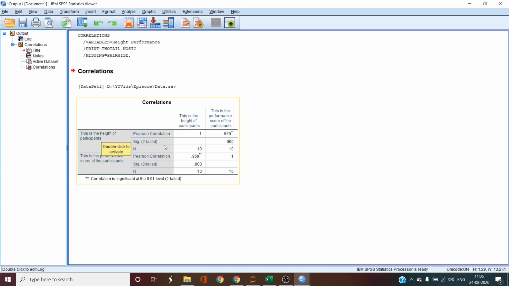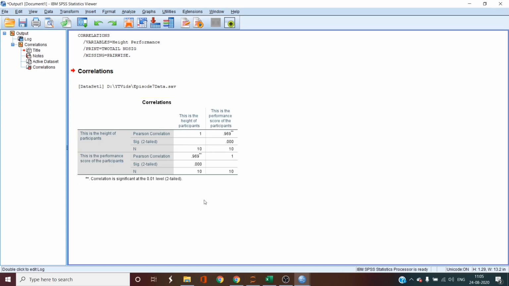Where these rows and columns meet is the correlation coefficient between the 2 variables. We can then see the significance level or p-value, and then the n, which is the number of pairs of scores. So in the top left, we see the correlation between height and itself. Because it's exactly the same thing, we have a perfect correlation, and hence the value 1.